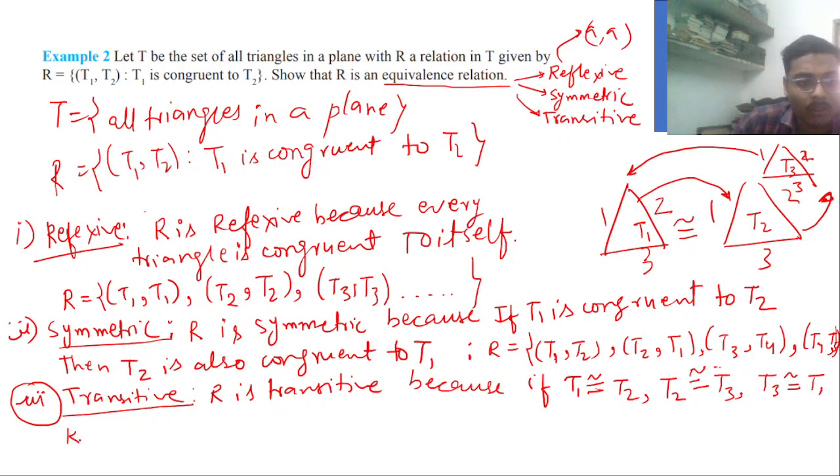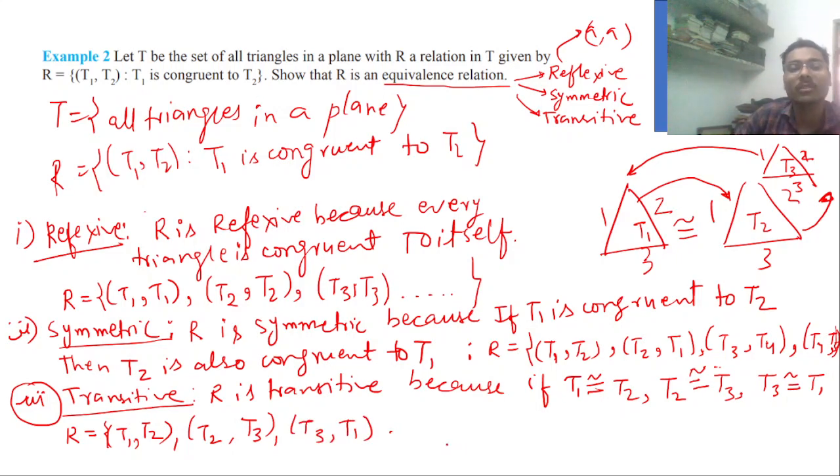So R is transitive because T1 T2 is present here, they are congruent. T2 T3 is present here, they are congruent, and T3 T1 is present here. They are congruent, and many more congruent triangles will be having a three cycle loop in this.